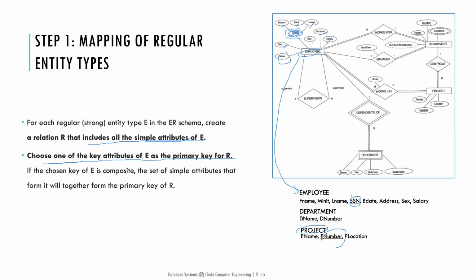That's why I pick P number as the key and underline it, and I don't underline name because I only pick one. The question is, can you just underline P name, make it the primary key, and not make P number a key? It is possible, because name is also a possible key, but I'm not using it. You can just pick one.